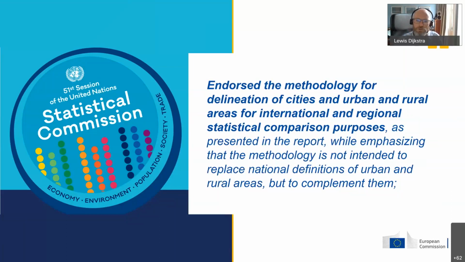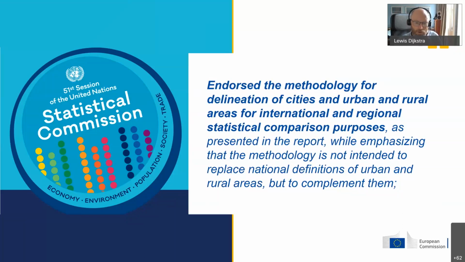Certain countries make the cut so that only large settlements, 50,000 or even more, are considered urban, and all the rest is considered rural. And in another country, it's the opposite. Only really small settlements, 5,000 or less, are considered rural, and as soon as you hit 6,000, you're considered urban.